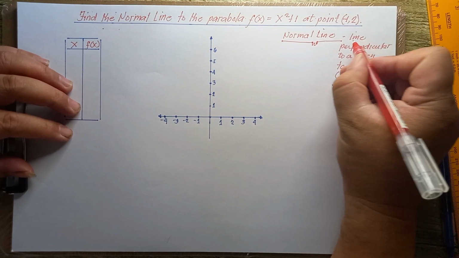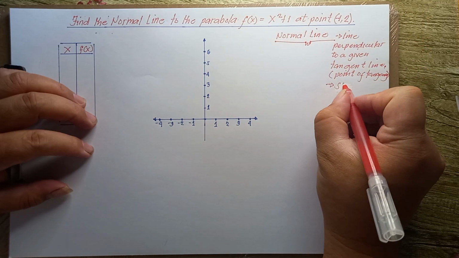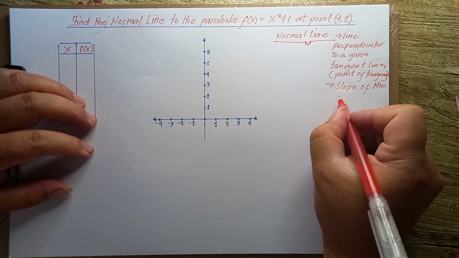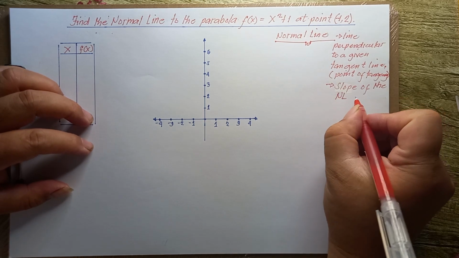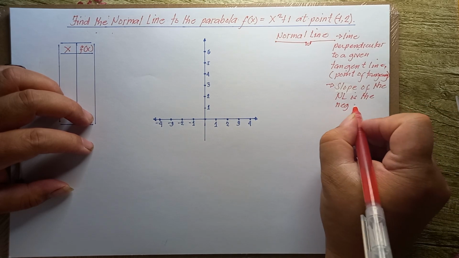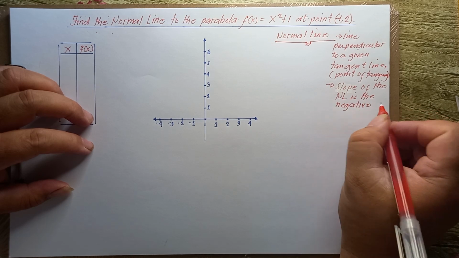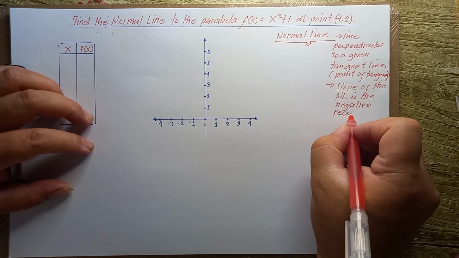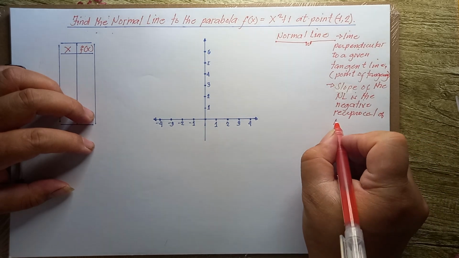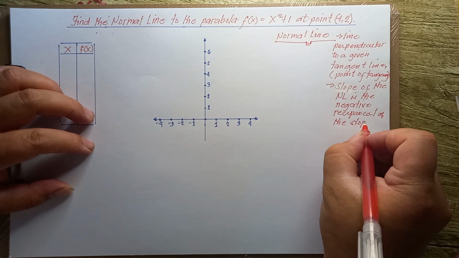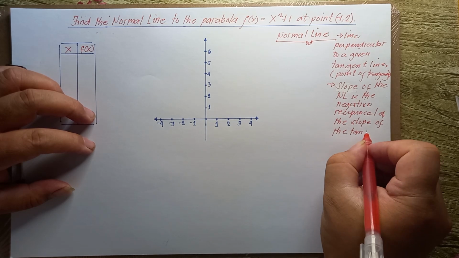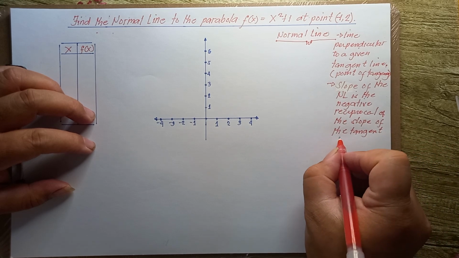Considering the tangent line, the slope of the normal line is the negative reciprocal of the slope of the tangent line.